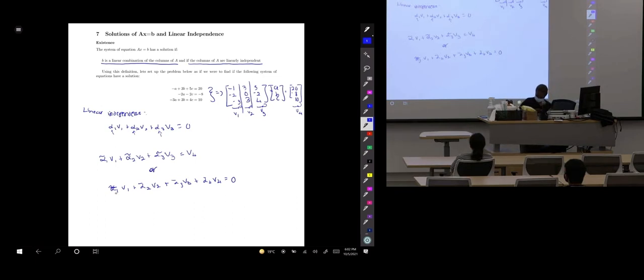If you solve for this and you get that alpha bar 1 up until alpha bar 4 are all zeros, then we know that V1, V2, V3, V4 are all linearly independent, and that V4 is not a linear combination of the previous vectors.